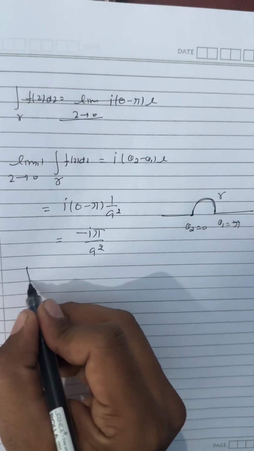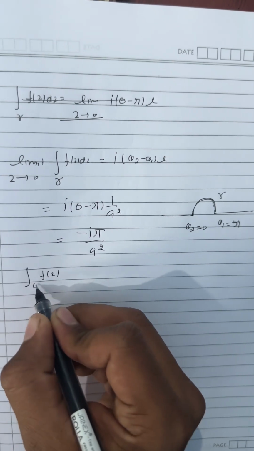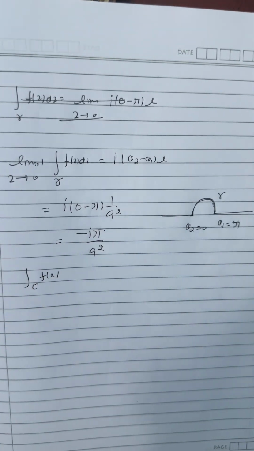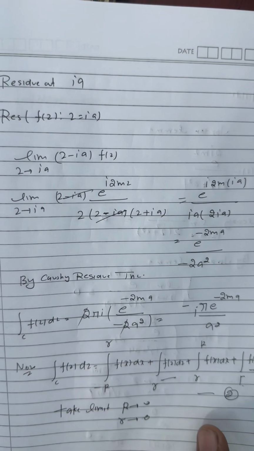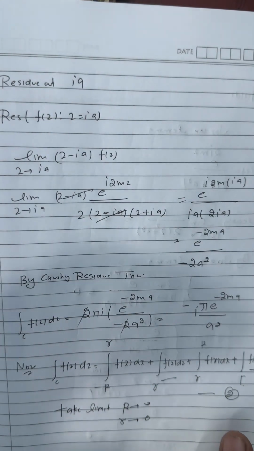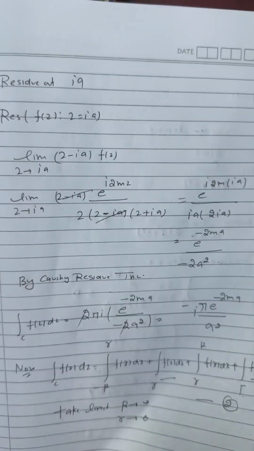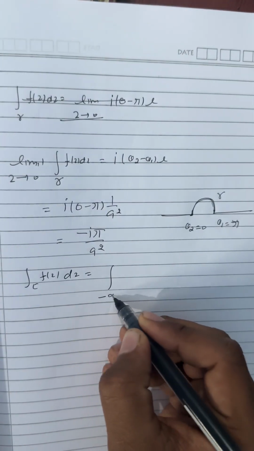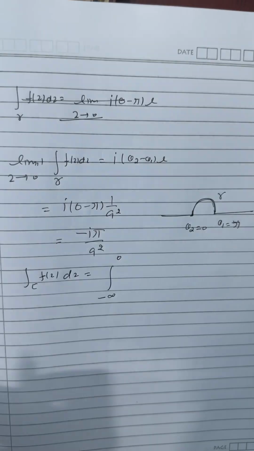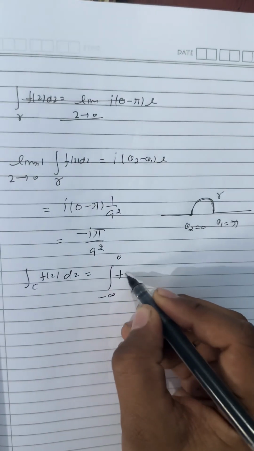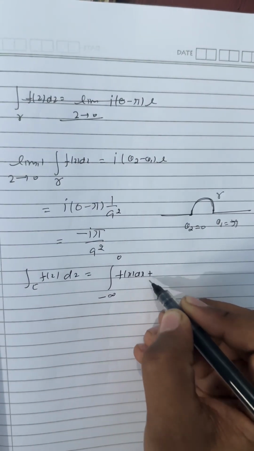This is going to be f of z over the complex line or complex contour, whatever you want to say, equals minus infinity to 0, f of x dx plus.